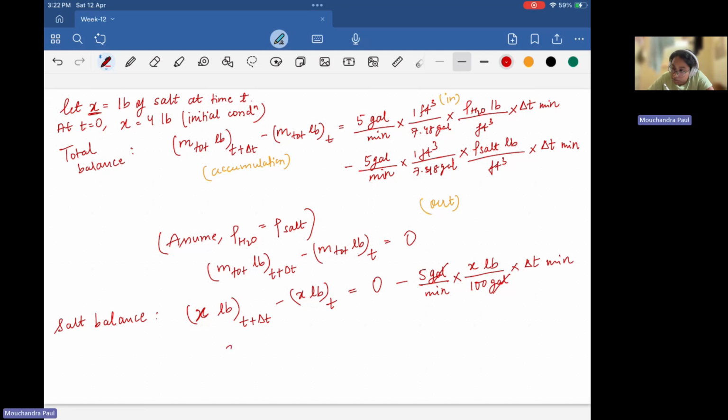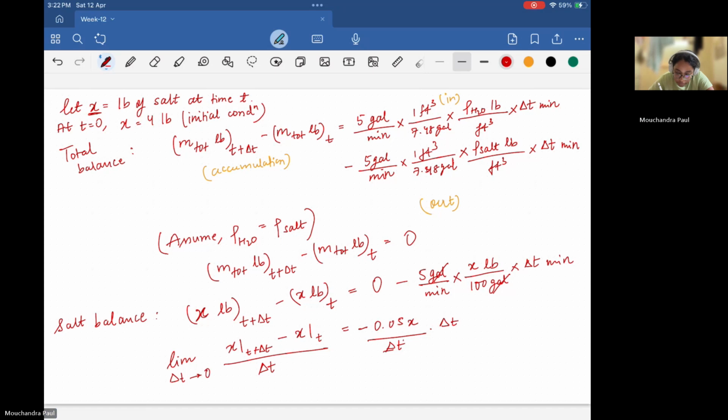If we write it in this form, minus 0.05x, let's divide both sides by delta t and take the limit where delta t goes to 0.